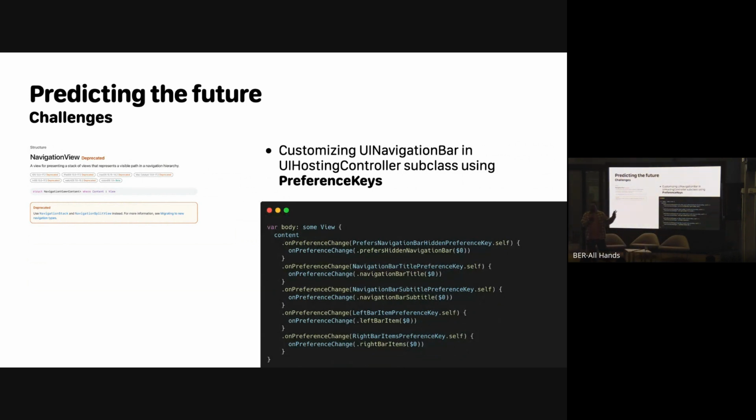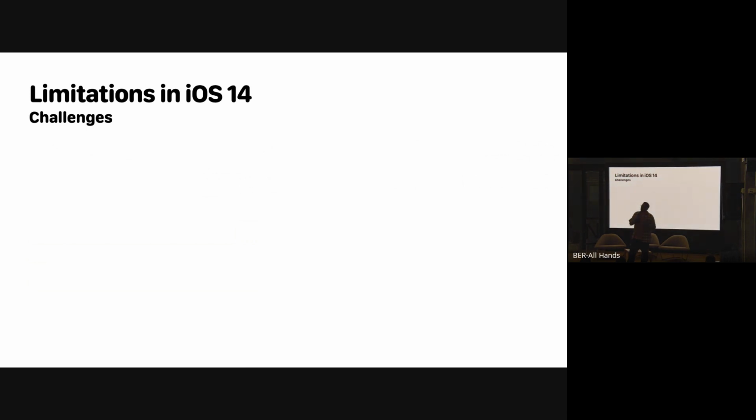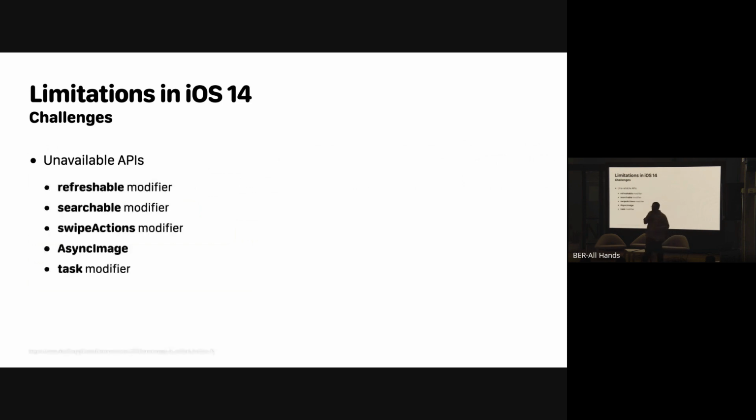I mentioned before the preference key. Another thing that we learned how to use, and this is a pretty cool example. The main challenge, however, is represented by the things that are not available in iOS 14. So I'm talking of unavailable APIs like pull to refresh, swipe actions, or async image components.